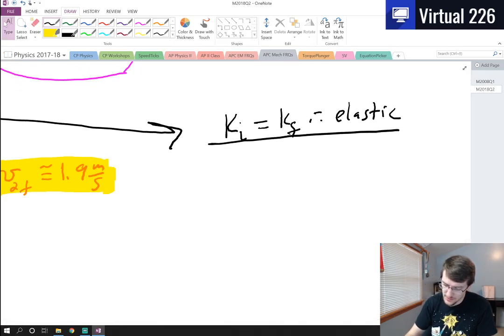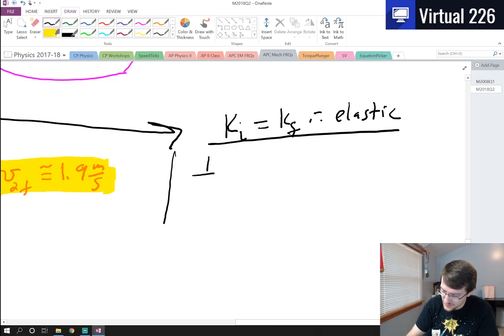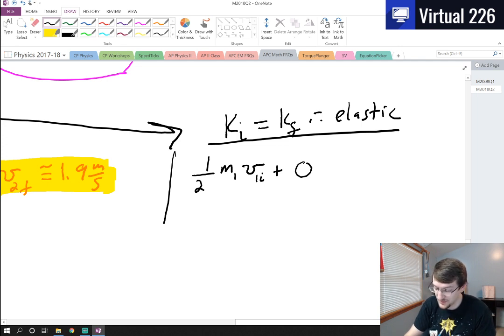So let's just write this all out for the kinetic energies. The initial kinetic energy of cart 1 is going to be 1/2 the mass of cart 1 times the velocity of cart 1 initially, plus the same thing for cart 2. Luckily, cart 2 wasn't moving, so that's going to be a 0.